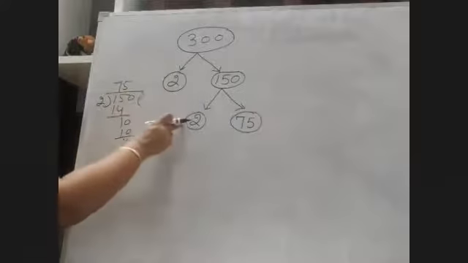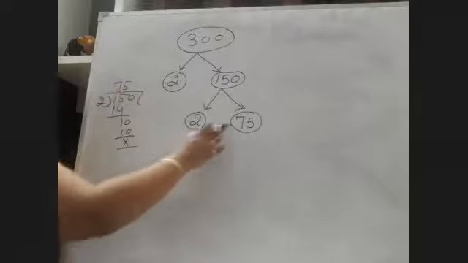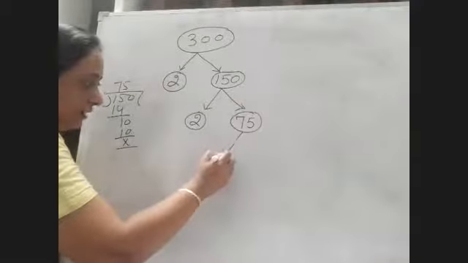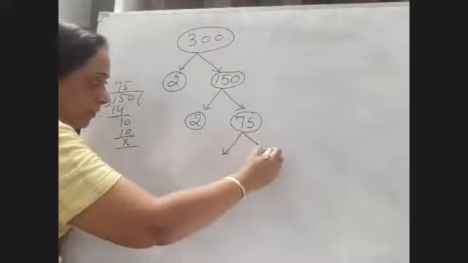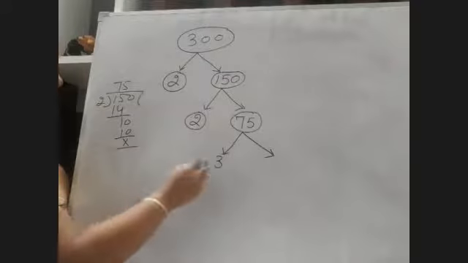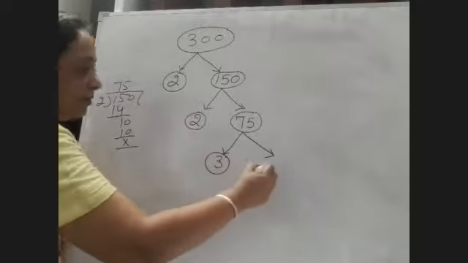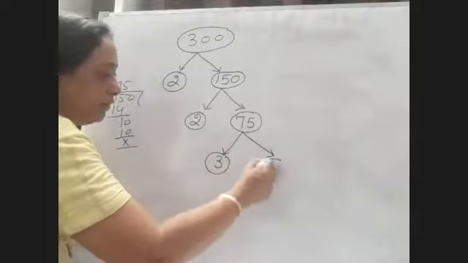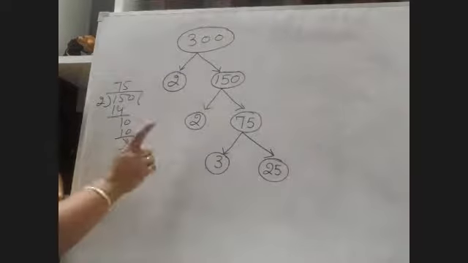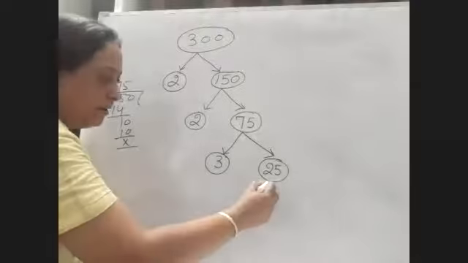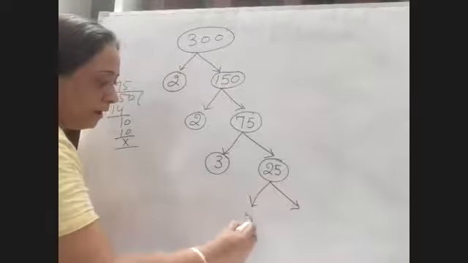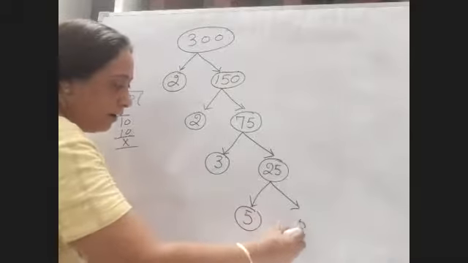Now 2 and 2 are prime numbers. 75 is a composite number. And now 75 is an odd number. So divide 75 by 3. You get 3 and 25. Now 3 is a prime number, but 25 is a composite number. Again, divide into two parts, 5 and 5.